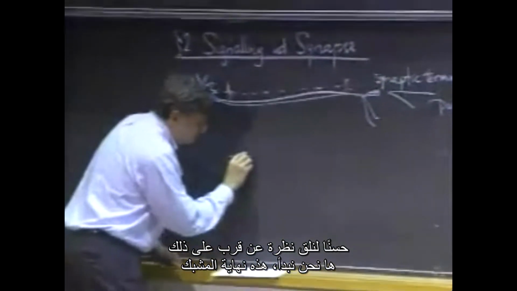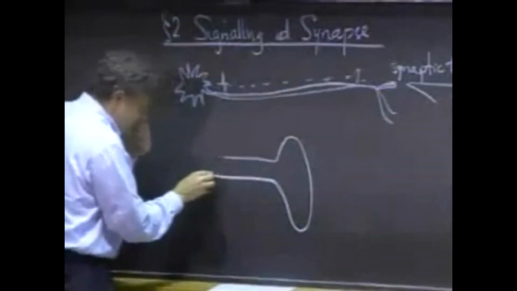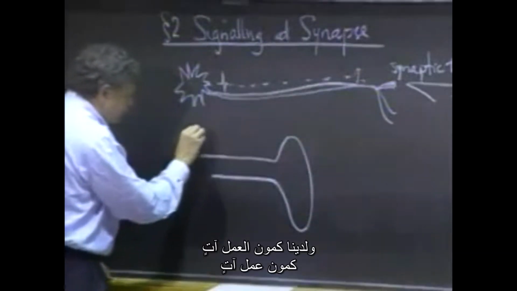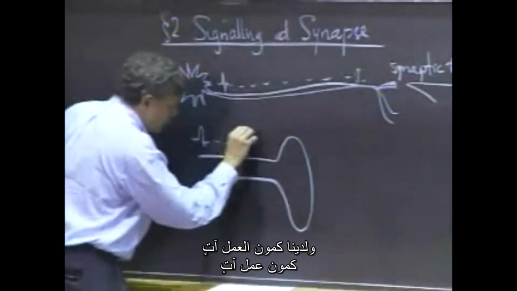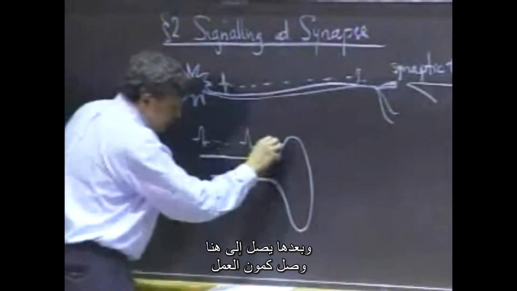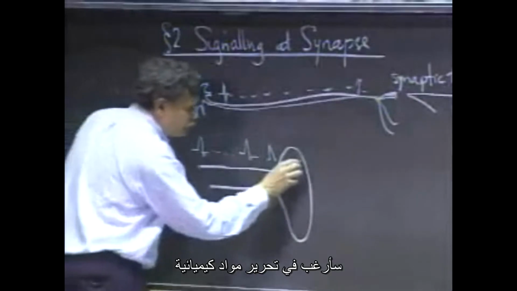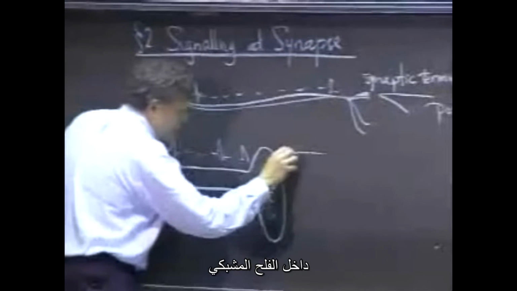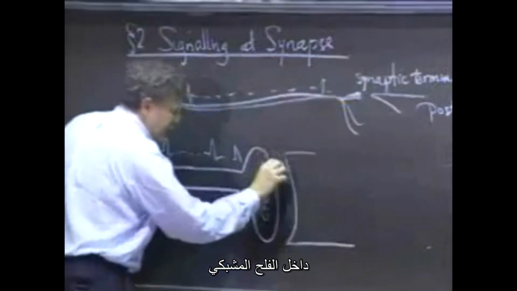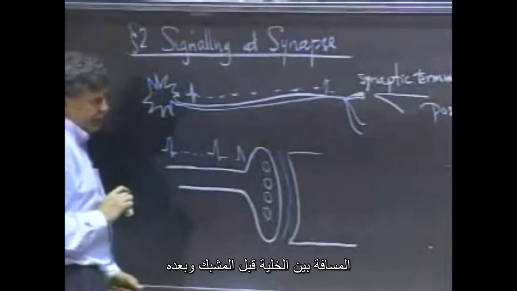Well, let's get a close-up of that. Here we go. Here's the synaptic terminal. We've got our action potential coming, action potential coming, and then it gets here. Action potential's arrived. I would like to release chemicals into the synaptic cleft, the space between the pre and the postsynaptic cell.